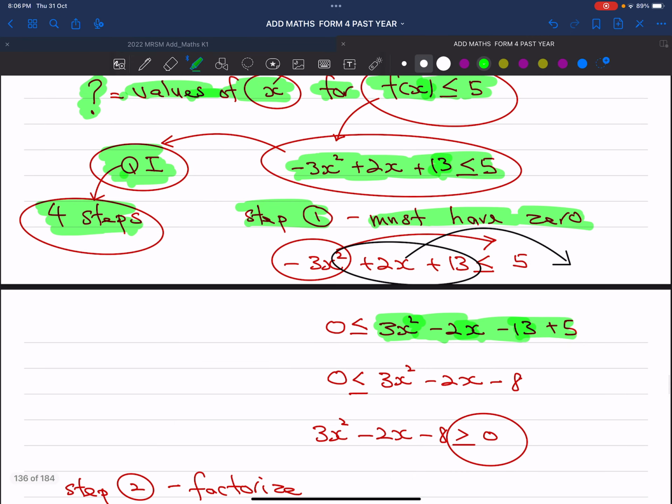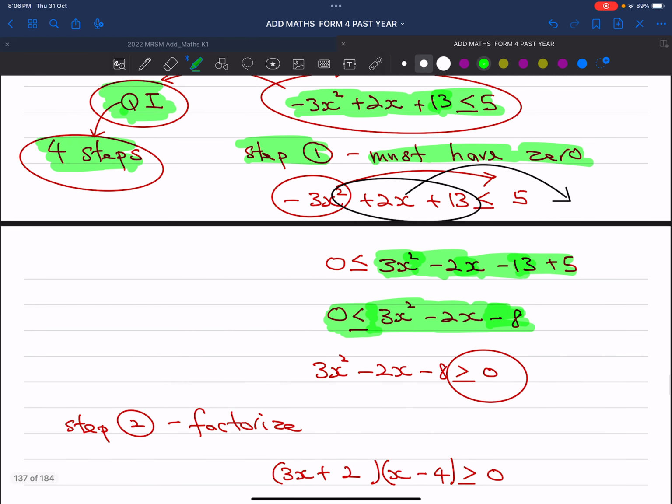I simplify this. 3x squared minus 2x. Negative 13 plus 5 will give me negative 8. So I have 0 less than or equal to 3x squared minus 2x minus 8. Just to make things easy, I'm going to exchange.